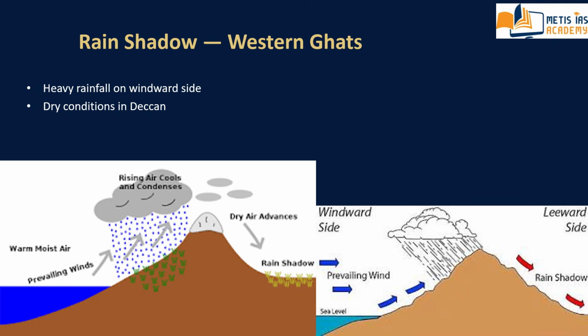As winds move inland, moisture reduces, producing the rain shadow effect. Mountains shape rainfall patterns in powerful ways.